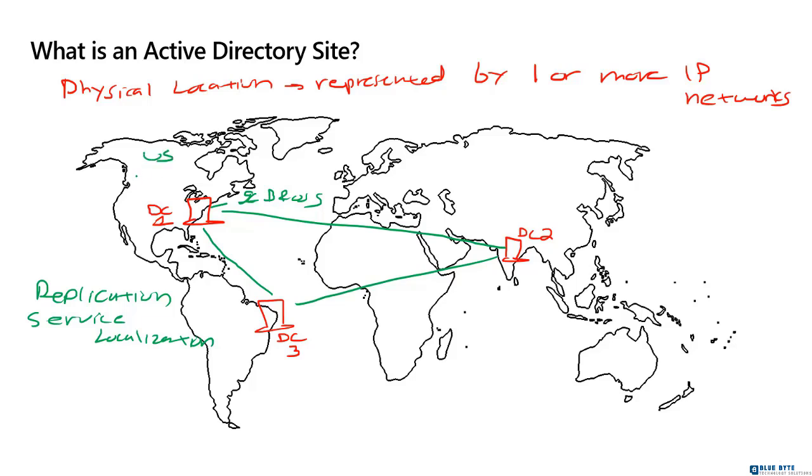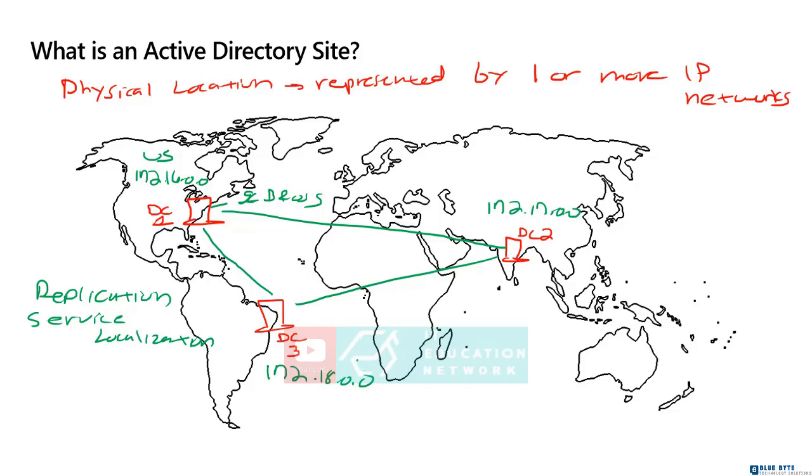Let's say everything in the US is on subnet 172.16.0.0. Everything in India is on 172.17.0.0. And in Brazil, 172.18.0.0. So those would be our subnets associated with each location.